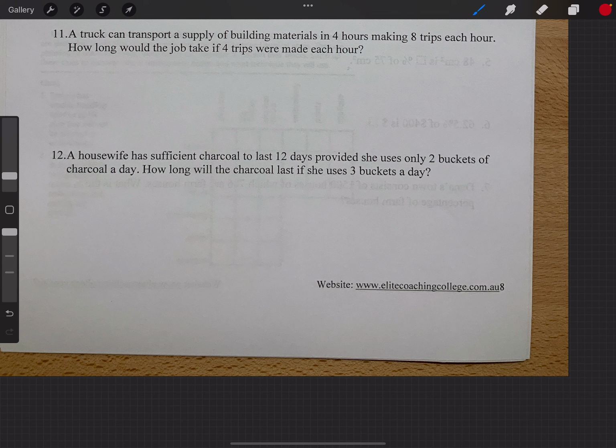So 4 hours, and each hour you do 8 trips. So how many trips do you do in 4 hours? 4 times 8 equals 32 trips in 4 hours.